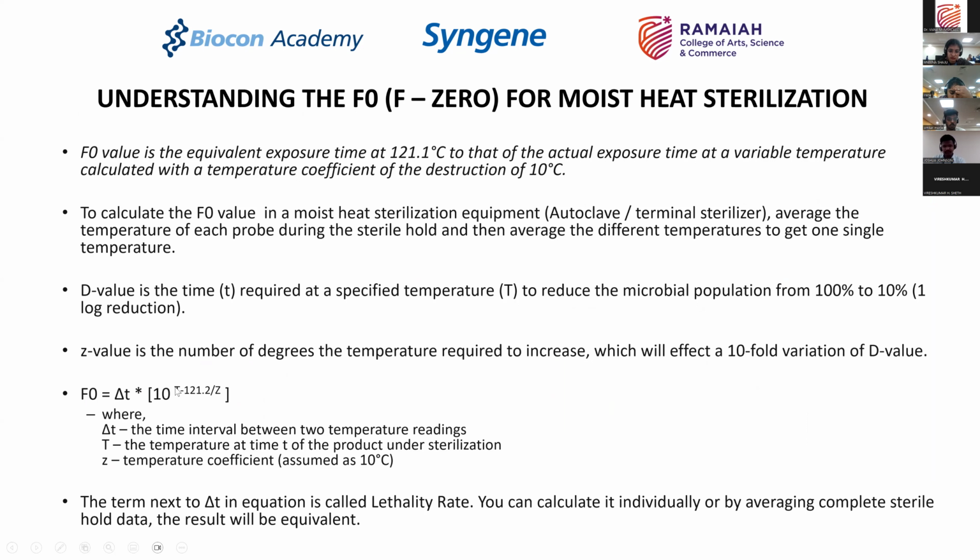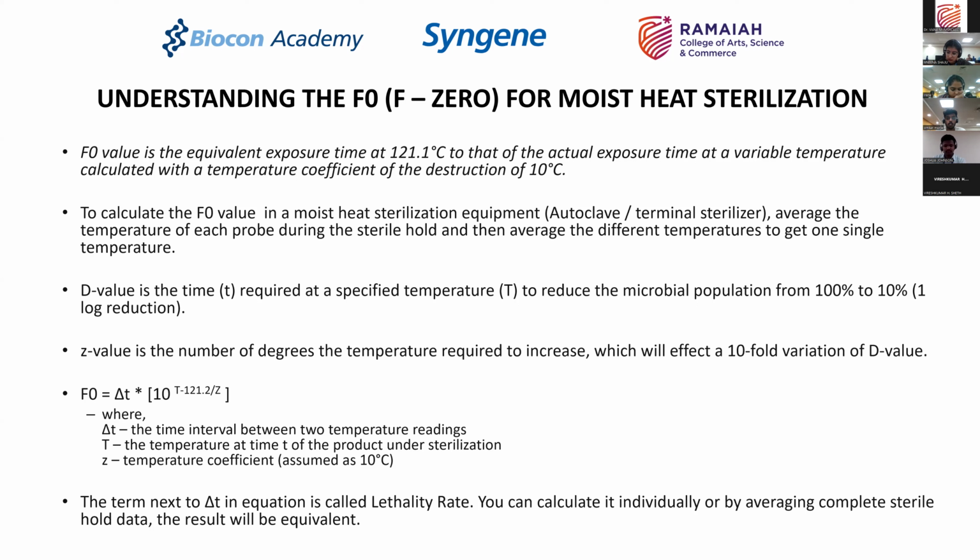What is the T? The T that I'm looking at is the actual temperature, the temperature at the time the product was under sterilization, right? So this was at 125 degrees centigrade, for example, or 132 degrees centigrade in the example that we took. I put different probes in the autoclave and set the temperature at 132, and my Z value was known at 10 degrees centigrade as per the example.